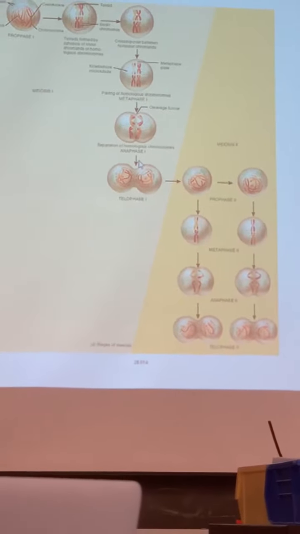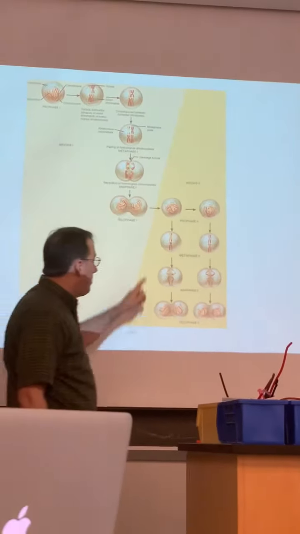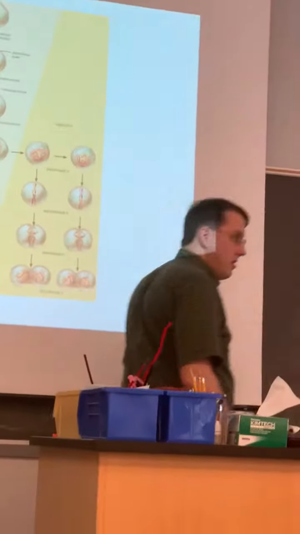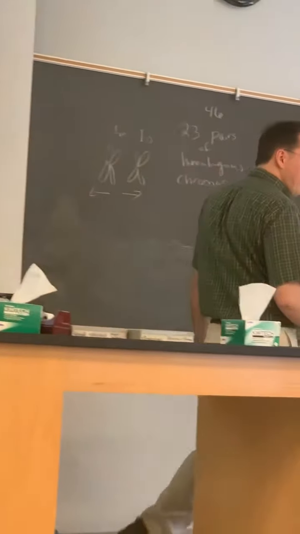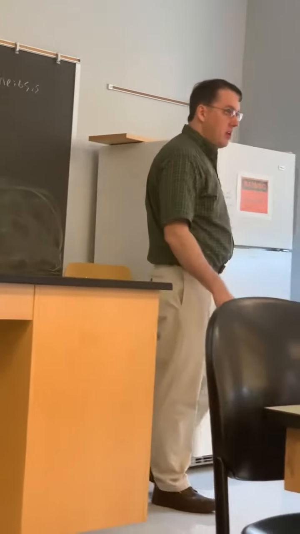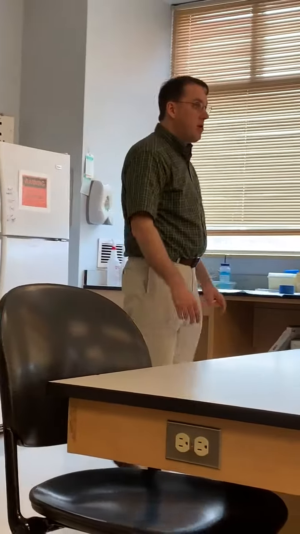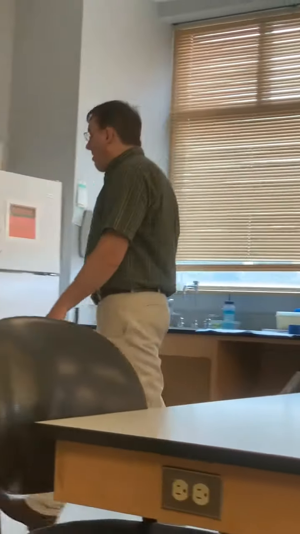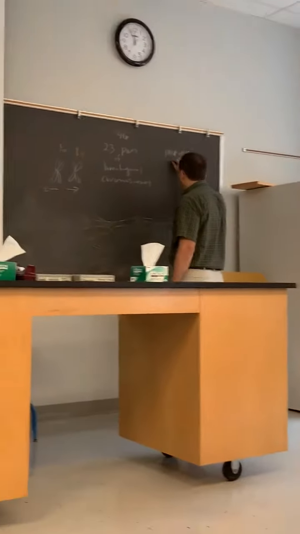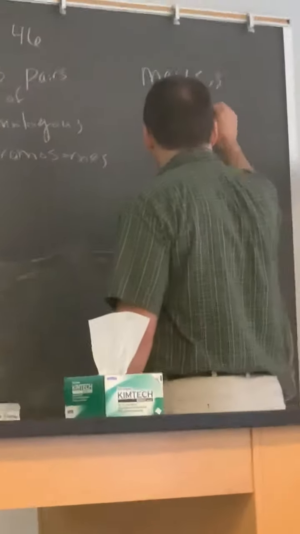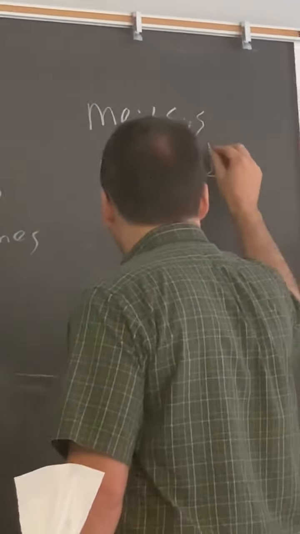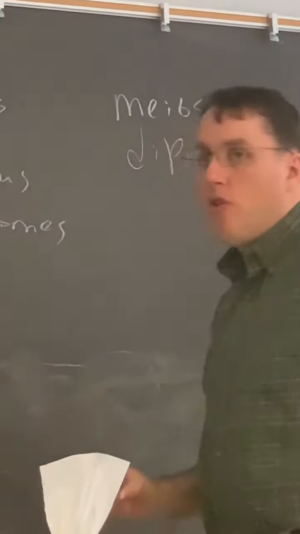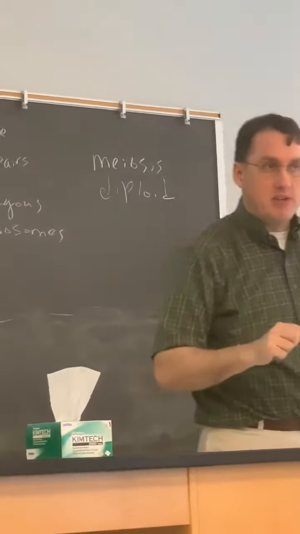Now we're left with 2 cells that each have 23 chromosomes, or only 1 copy of the genome, which is half the normal number, right? We are diploid organisms. Diploid, meaning our normal state is to have 2 copies of our genetic code.